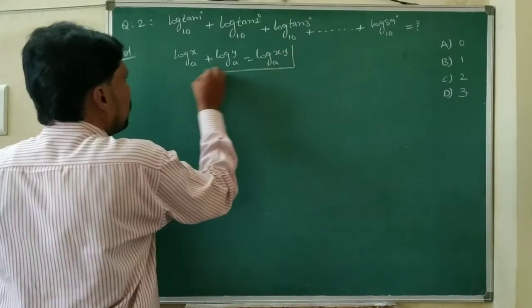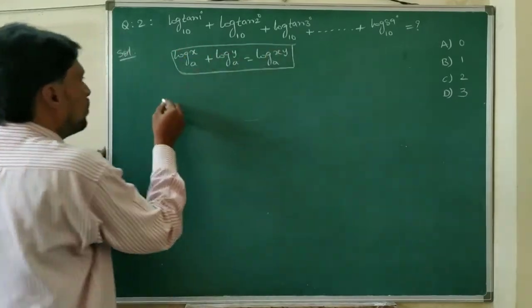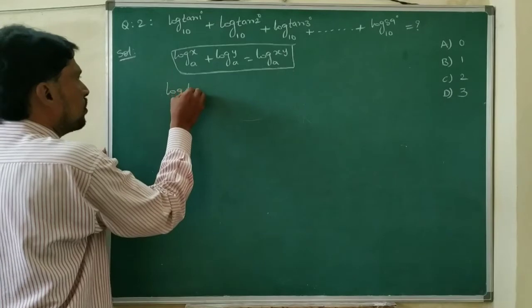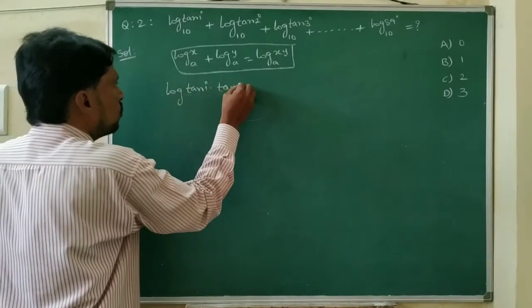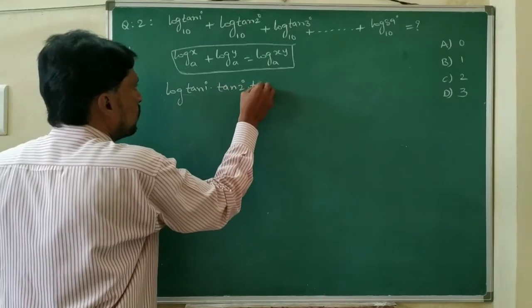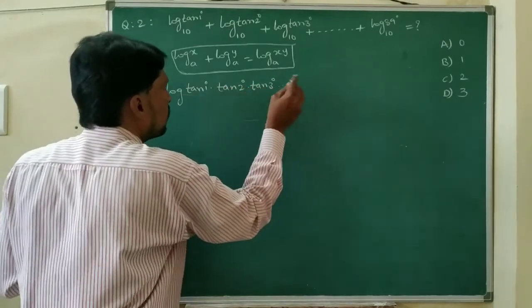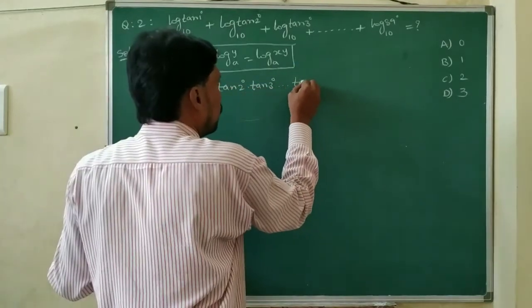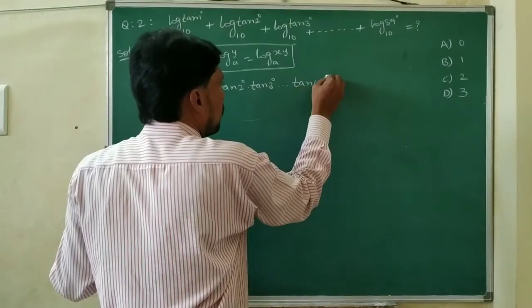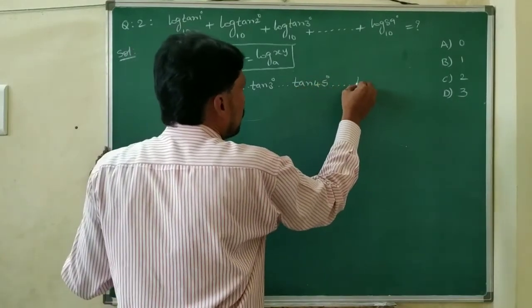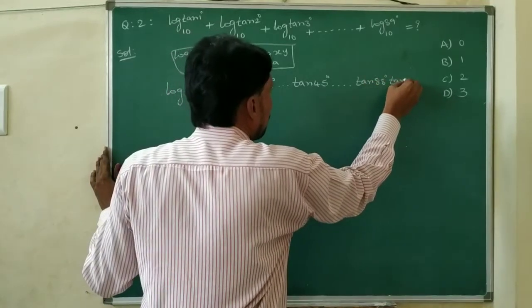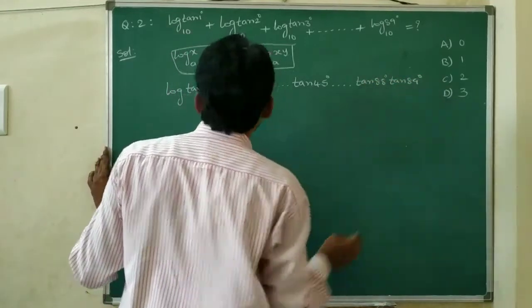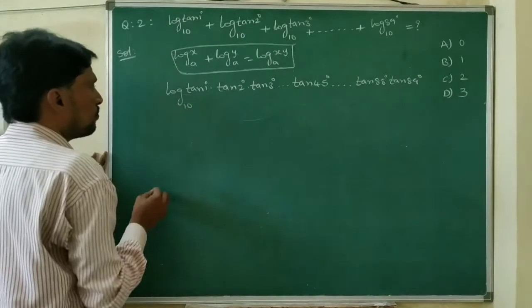So this means log of tan 1 degree into tan 2 degree into tan 3 degree so on. In this we get tan 45 also, tan 45 degree, so on, tan 88 degree and tan 89 degree, base 10 as it is.